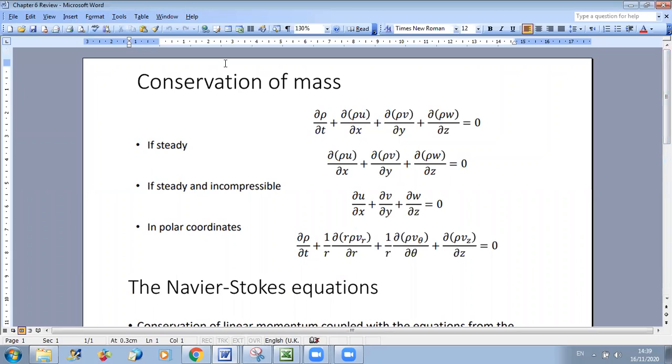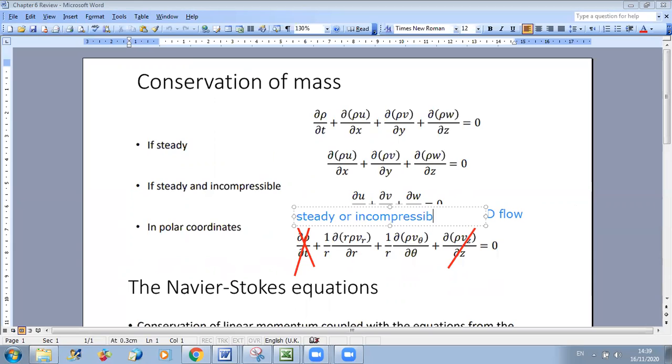Now, I have a steady application, so this term is 0. And I have a 2D flow, so I only have Vr and V theta, no Vz. And no del rho by del t, because we can have two possibilities, either steady or incompressible, so it depends on the given.